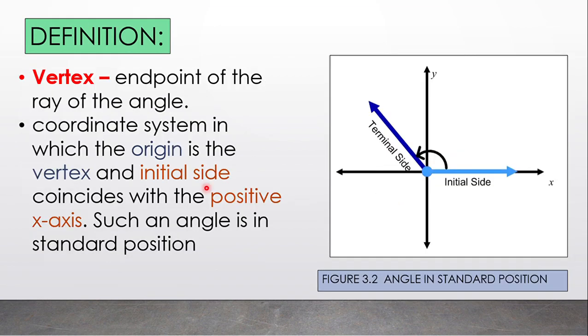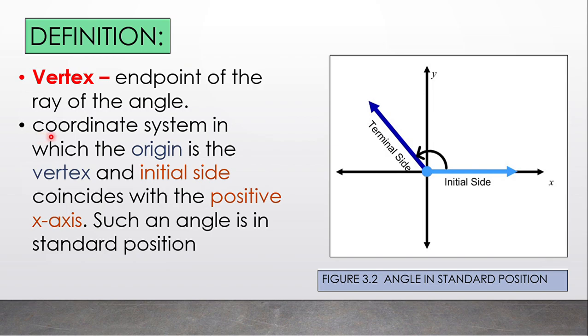Proceed to the next. This is Figure 3.2, an angle in standard position. We also have the vertex. The vertex here is the endpoint, the point of origin or the center.